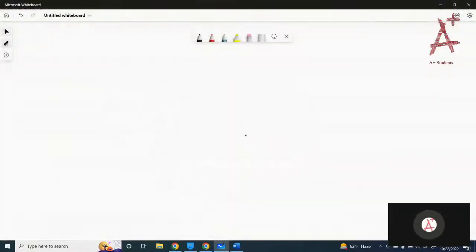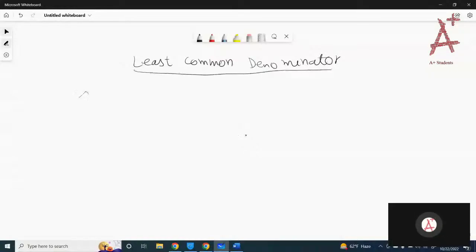The next topic is least common denominator. So let's start with the definition. Let me write down the definition. What is the least common denominator? Got it? So please note down the definition.